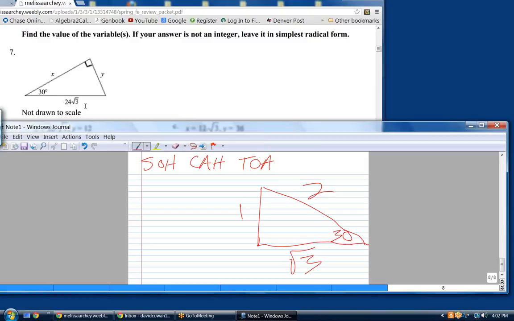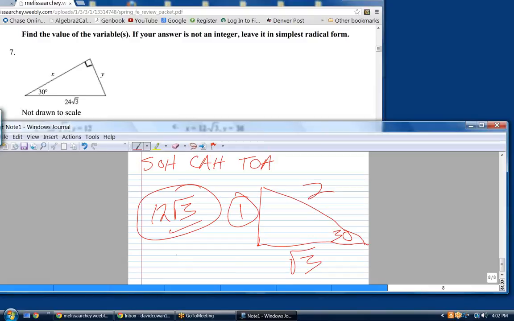So if I divide this hypotenuse by this hypotenuse, I get the scale factor. There's my scale factor. And now to figure out what y is, I'm going to take my scale factor and multiply it by the number 1, the side that's opposite my 30, to get y. And to get x, I'm going to take my scale factor and multiply it by root 3.